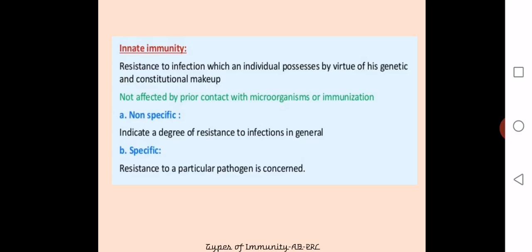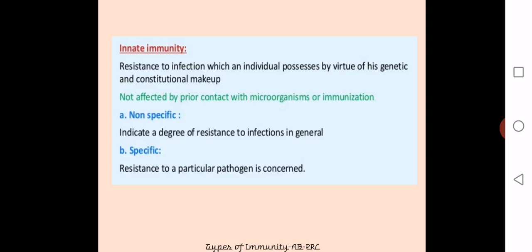For innate immunity, you can see the specificities and factors we have already seen. One of the most important things to remember is that innate immunity is not affected by prior contact with microorganisms or immunization.